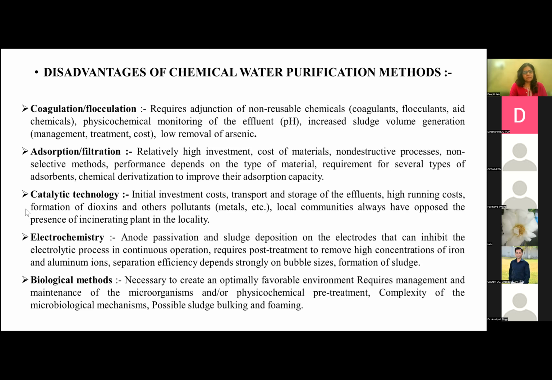Another method is the biological method. The drawback with this is that it is necessary to create an optimally favorable environment, and it requires management and maintenance of microorganisms and or physicochemical pretreatment. The complexity of the microbiological mechanisms and the possible sludge bulking and foaming are a big issue.